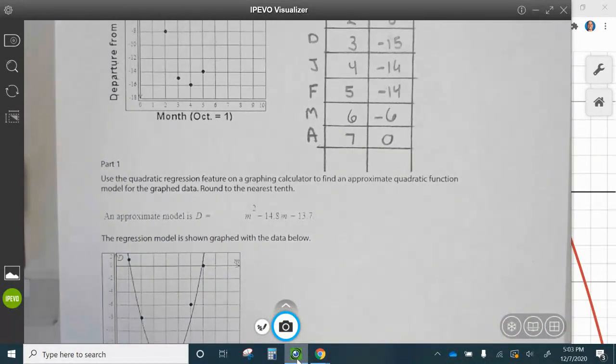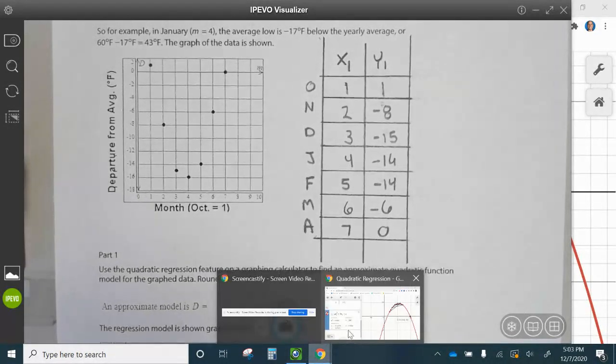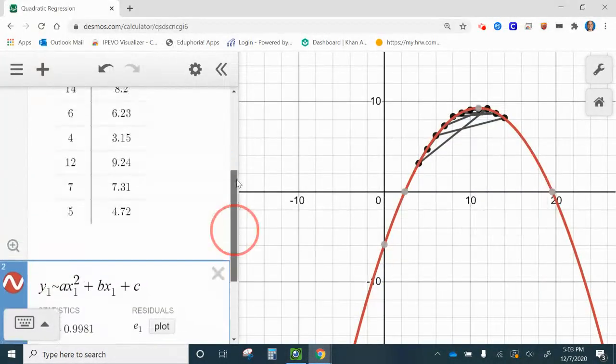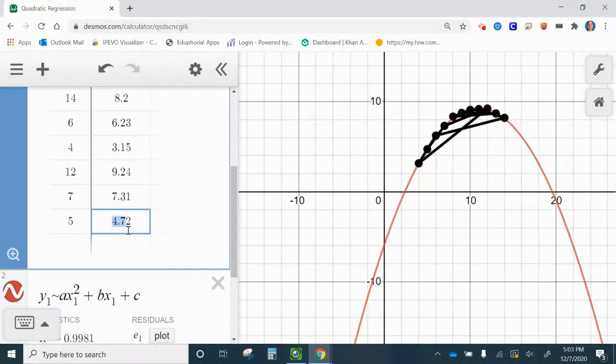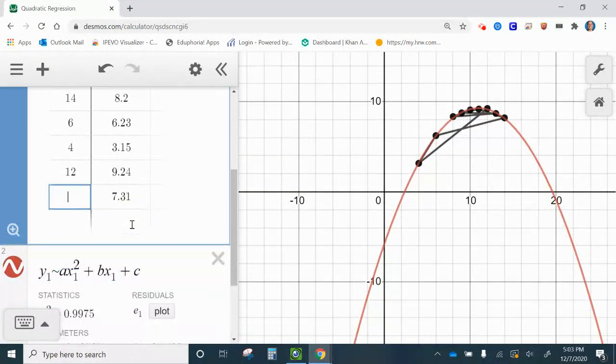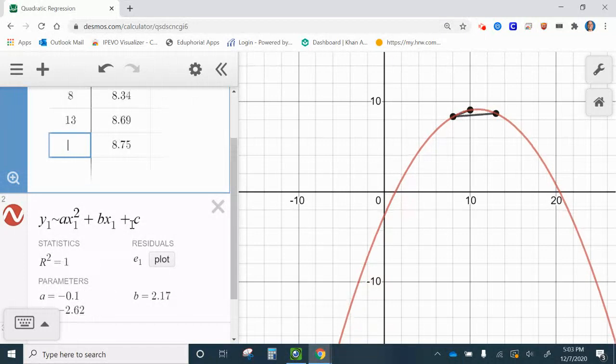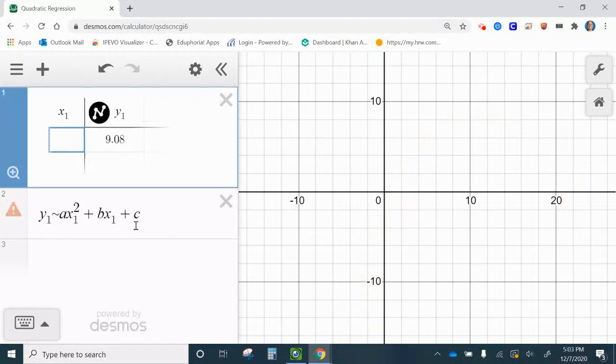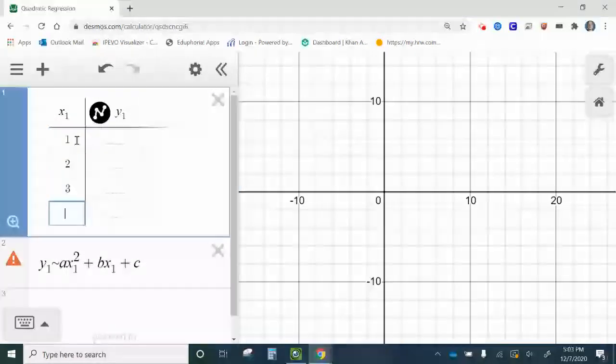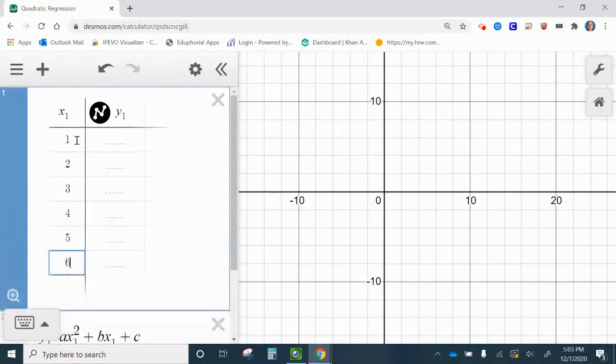Now, use the quadratic regression feature on the graphing calculator to find an approximate quadratic function model for the data. Round to the nearest tenth. An approximate model D equals. So we're going to use this data for the regression. So we're going to come over here. Okay, so then that's 1, 2, 3, 4, 5, 6, 7.